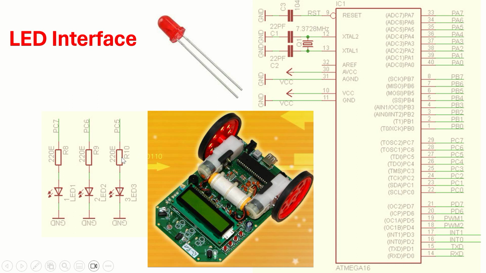Now how much current? The current depends on the value of this resistor. So now you need to devise that I want 10 milliamperes of current. My voltage drop across the LED is 1.2 volts. Then find out what the resistor value should be if my applied voltage is 5 volts.